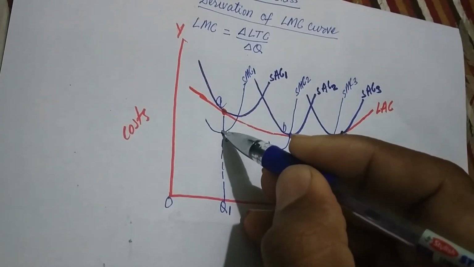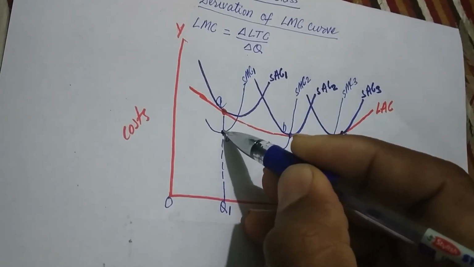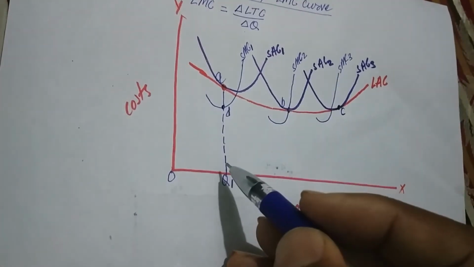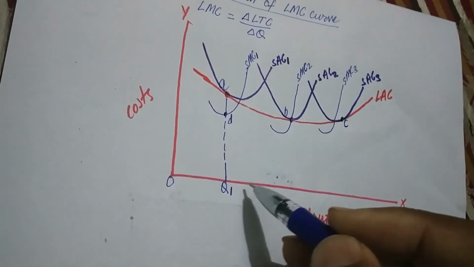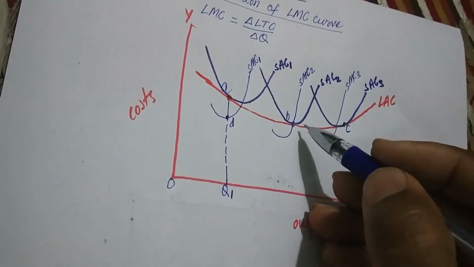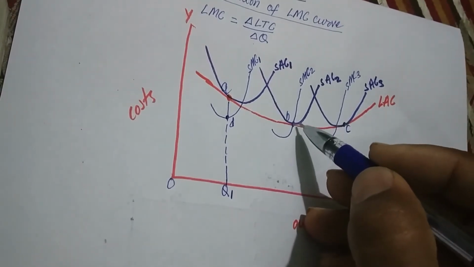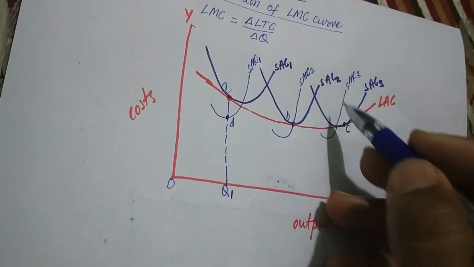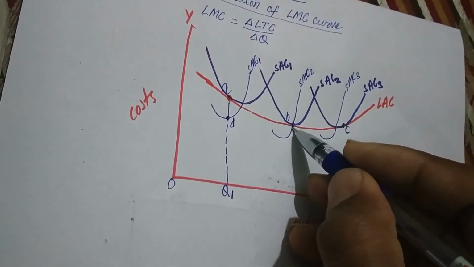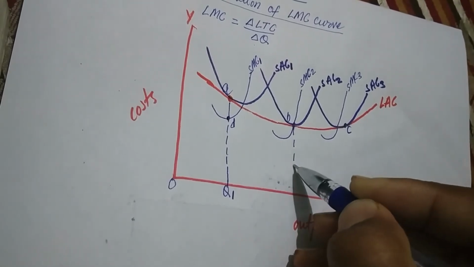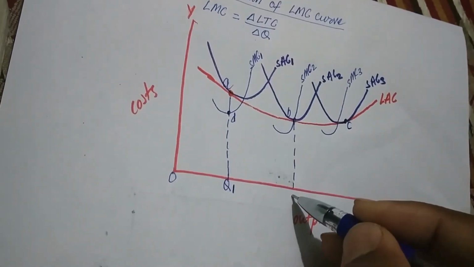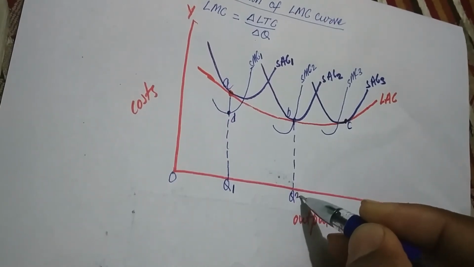So this is one of the points that we traced for the long run marginal cost for OQ1 level of output. And now again let us draw a vertical line from the point of tangency between short run average cost and long run average cost. This point of tangency shows the level of output equal to OQ2.